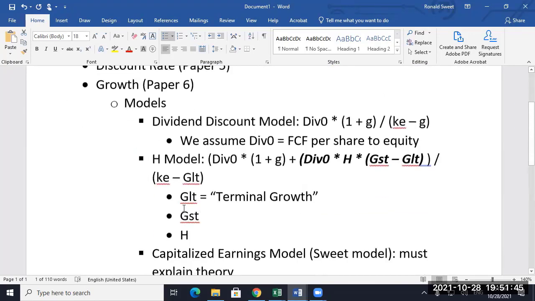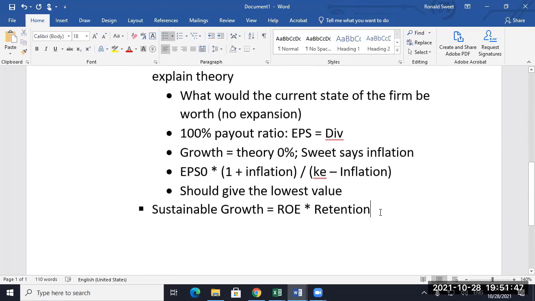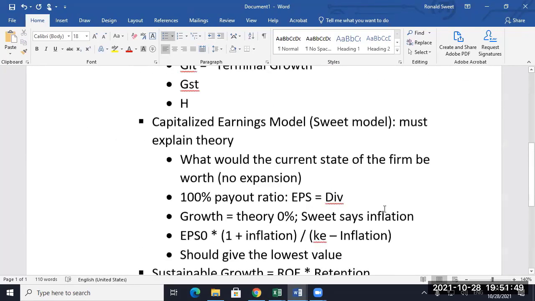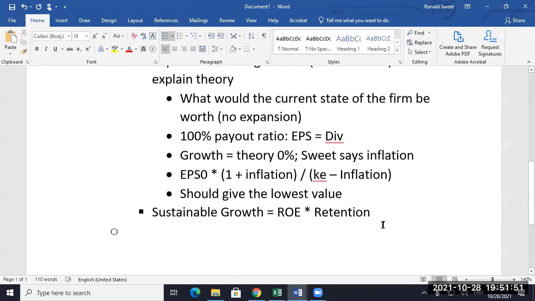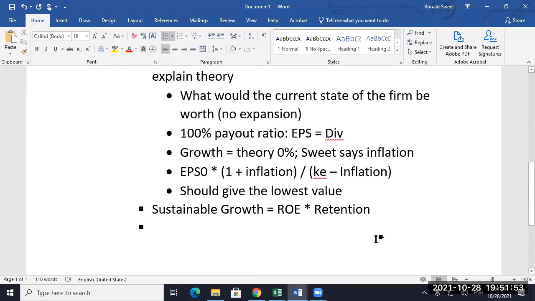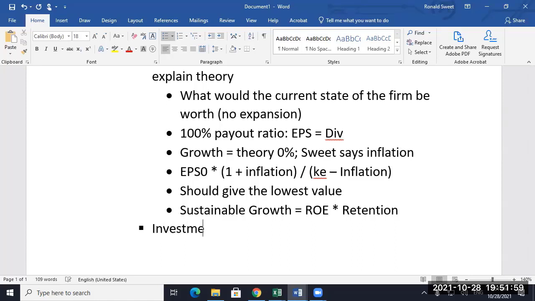All right, so those are 3 models. There's another model we're going to use, but we're going to do it in paper 7, and that is the investment bank approach. I don't really like this approach.